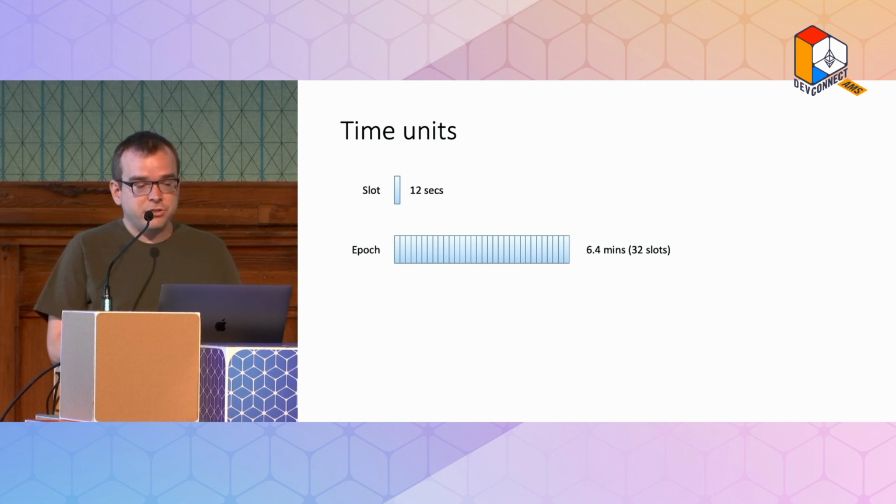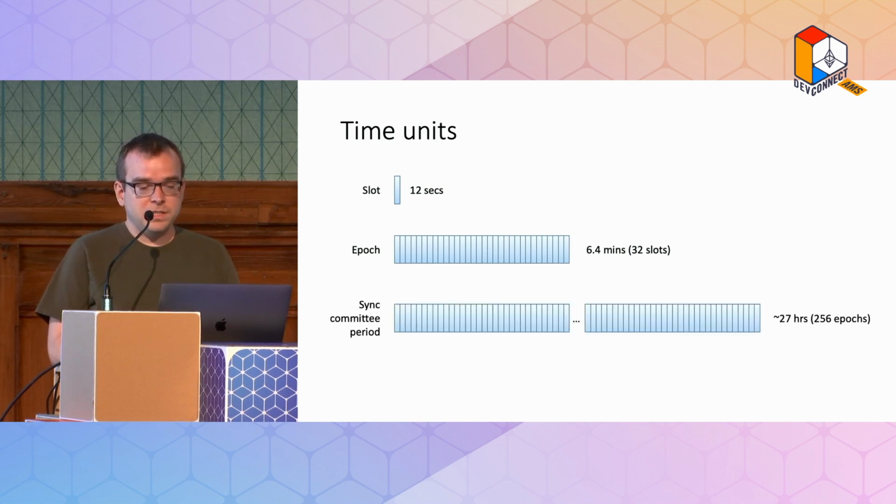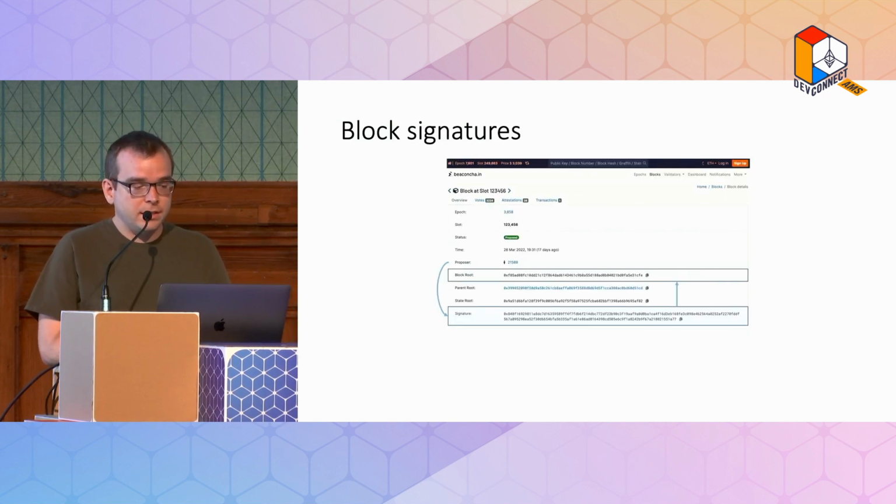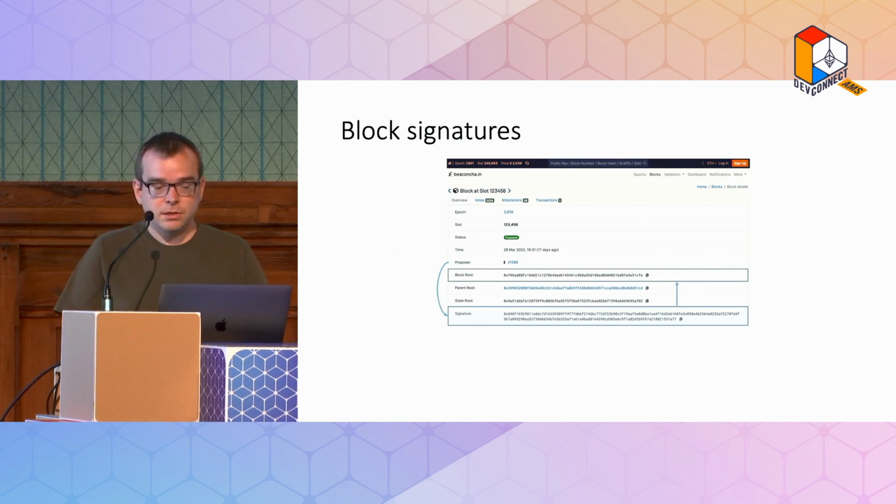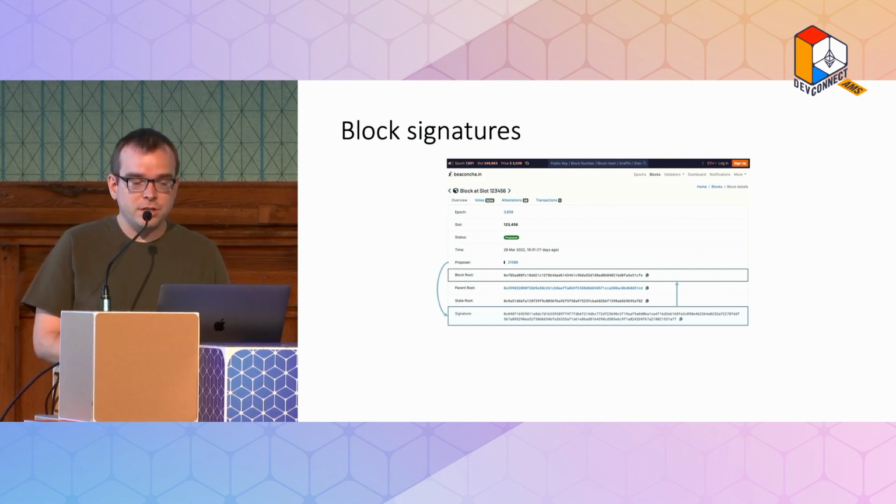So what Altair introduced last year is the concept of the sync committee period, which is just a bit over 1 day. And this is the period at which the sync committee gets reselected. So in a block, currently we have a proposer who signs the block with a signature, and the signature is for the current block.